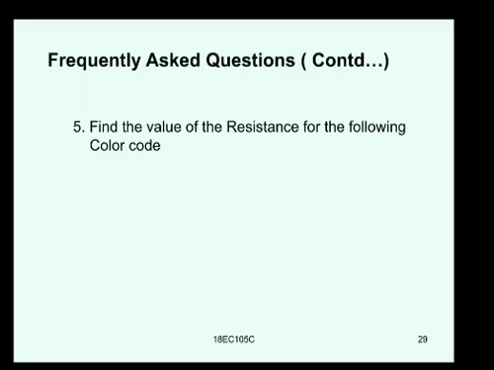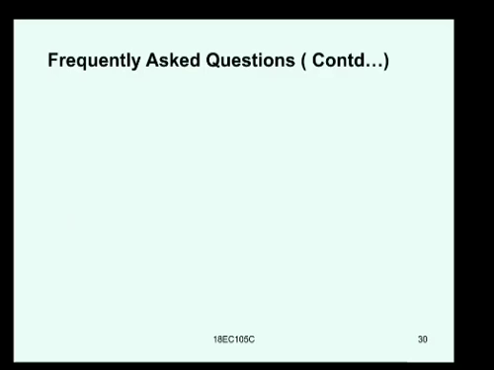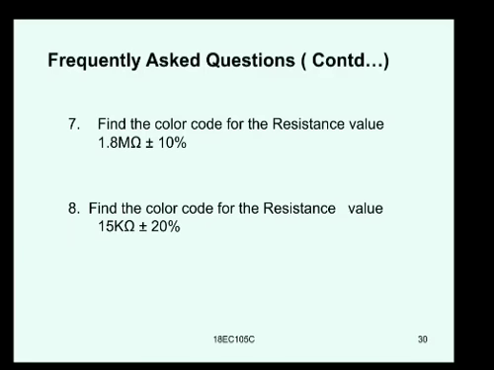Find the value of the resistance for the following color code. They will give the color code, and we have to write the resistance. Find the color code for the resistance value 33 ohms plus or minus 5%. We need to do the reverse of that. Then find the color code for the resistance value 1.8 mega ohms plus or minus 10% tolerance.